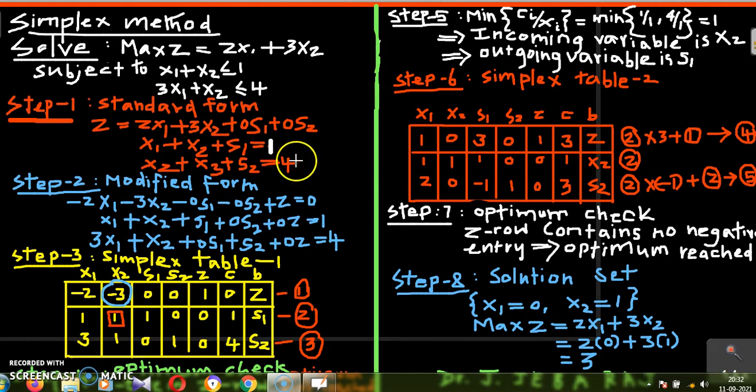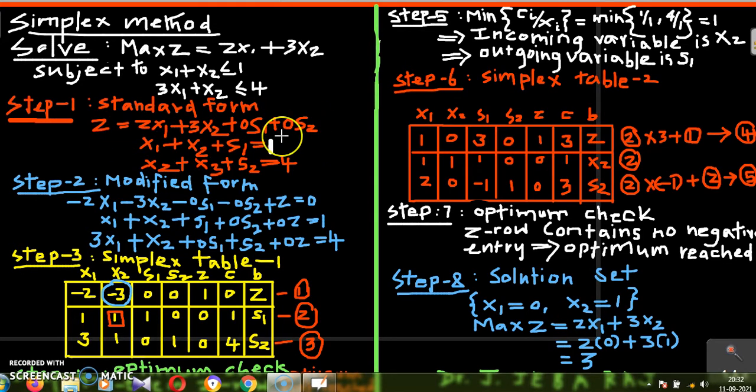Now I add 0 into s1 and 0 into s2 to the objective function. Mathematically the objective function will not be altered when I add these two variables s1 and s2 with coefficient 0. This particular form we call the standard form.